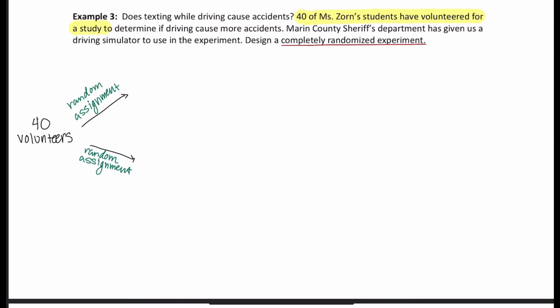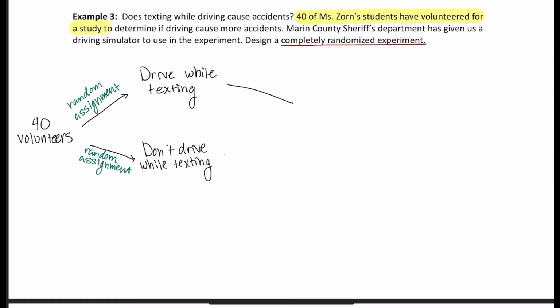In this case, treatment 1 would be, in the simulator, of course, we're going to have them drive while texting. And that other treatment should be, they're not texting while driving. Afterwards, we've imposed the treatments.